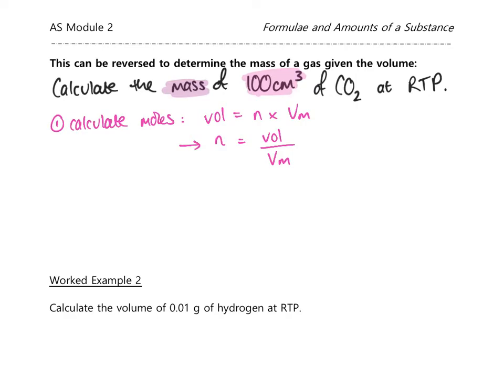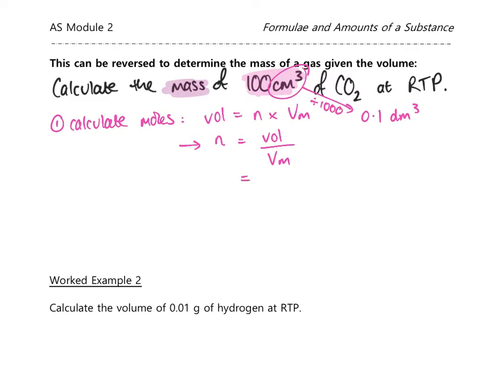Now, what you need to be careful of here is our units, because we've been given the volume in centimetres cubed, but the molar gas volume we usually use in decimetres cubed. So there's two ways of doing this. First of all, you could convert that to decimetres cubed. So 100 centimetres cubed is going to be 0.1 decimetres cubed because we have divided by 1,000. So that's option one.